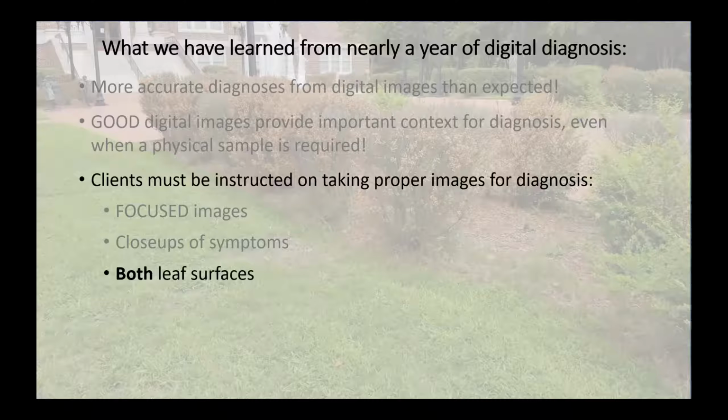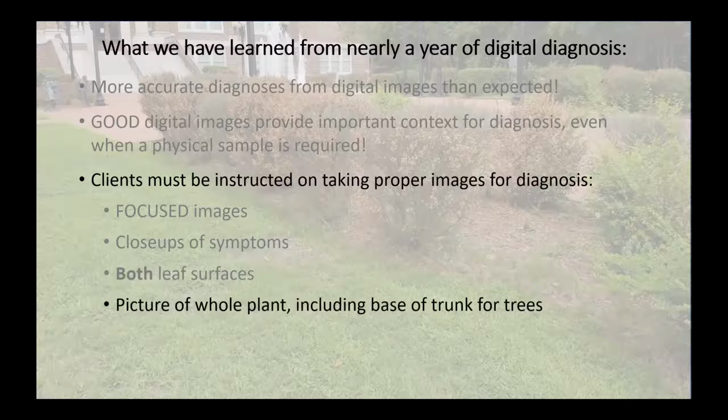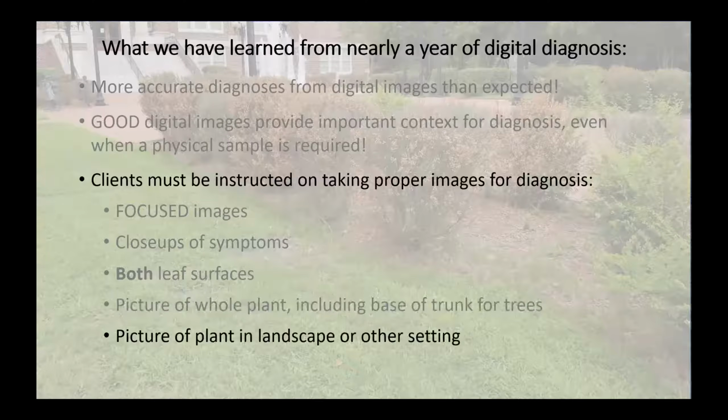If it's a foliar problem, we really need both leaf surfaces. And a picture of the whole plant provides a lot of information to us because we can see the pattern of the problem on the whole plant, rather than just the affected part of the plant. And if it's a tree, we like to see the base of the trunk as well.